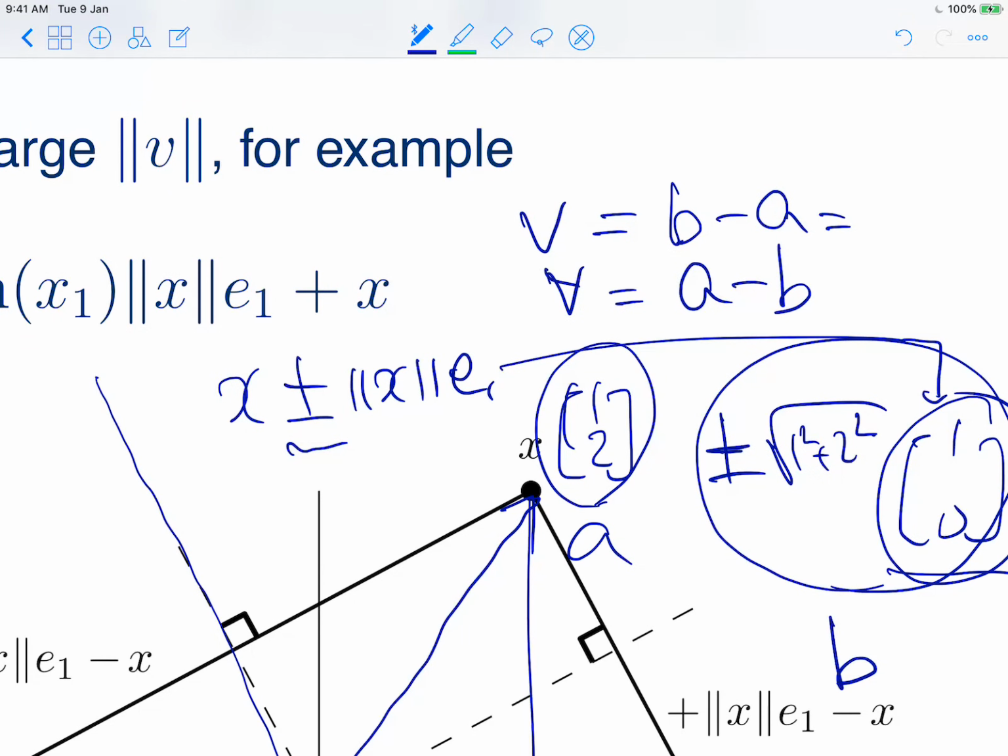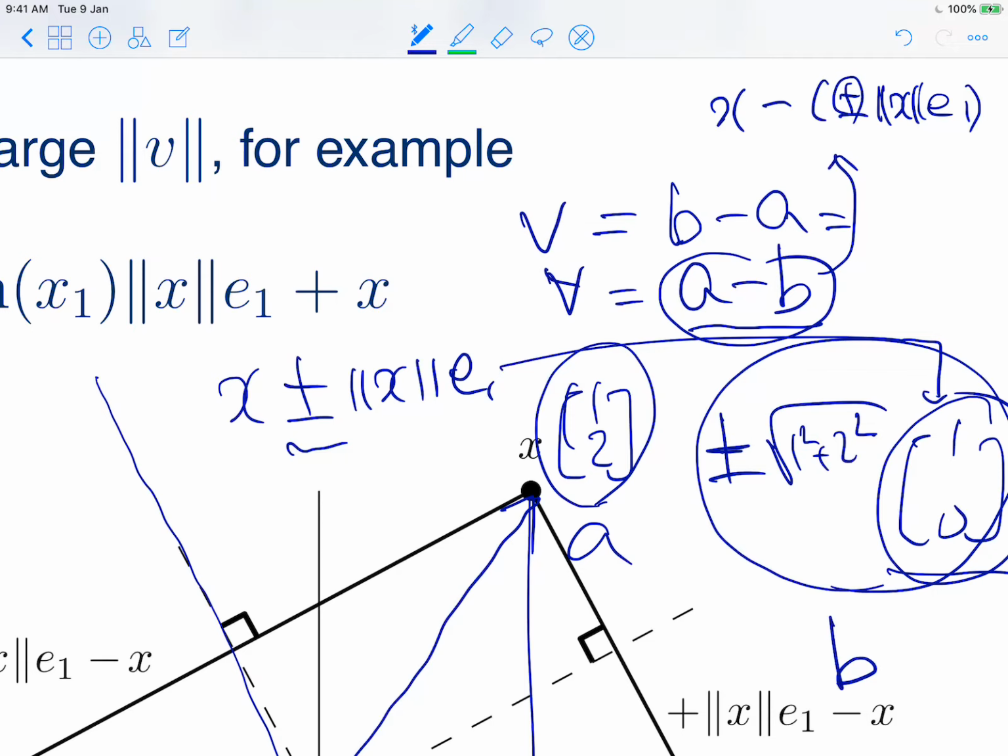of a minus b, which is the original vector x minus, and then plus or minus e1, right? So in this case, if we take the plus sign over here, then it will have the minus here, and so this guy is our reflection result, right?